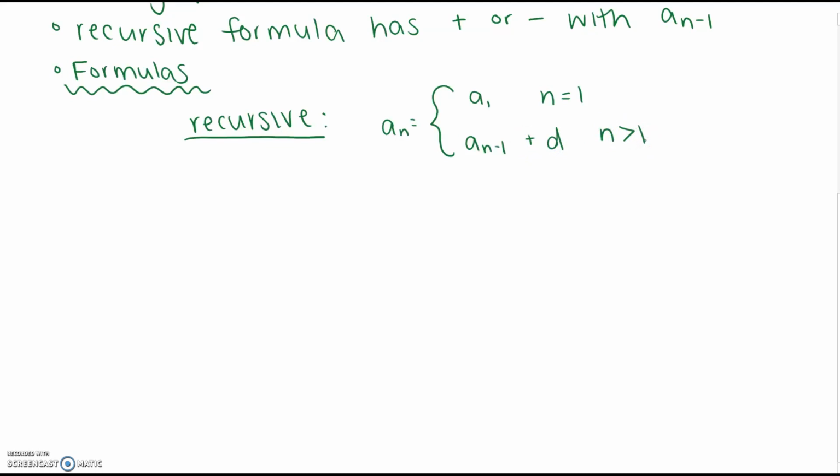Another way you can do it, and you'll probably see this in some of your answer keys because this is how we've done it in the past, is u sub 0 equals the starting number, and then u sub n equals u sub n minus 1 plus d.